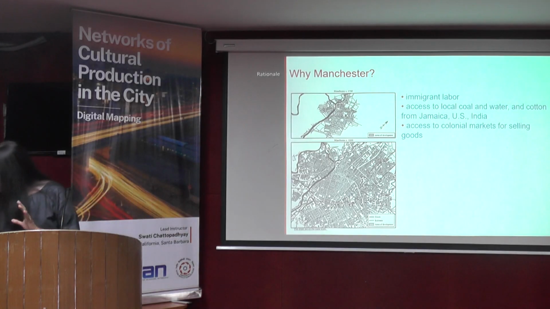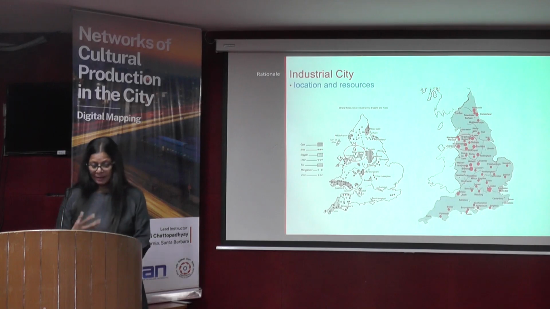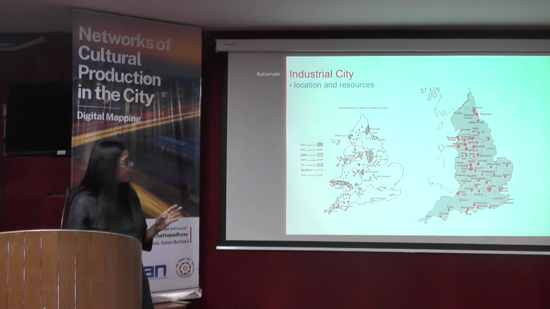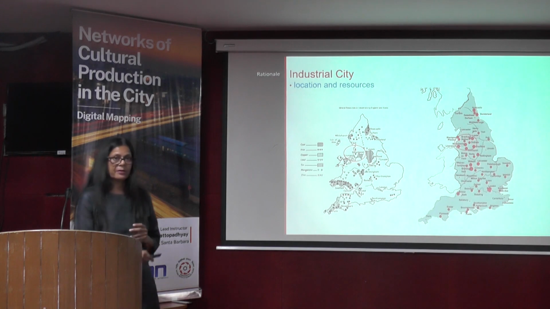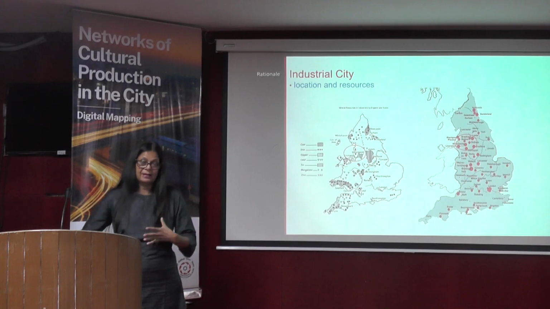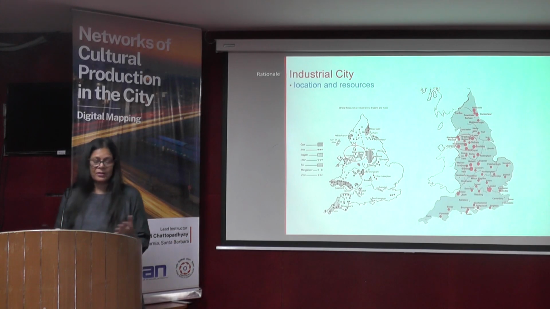We can talk about the colonial markets and their impact on cities later. But one thing England did have is coal reserves. This is Manchester, this is coal country, and that is extremely important for fuel. It is locally available, but still requires infrastructure.